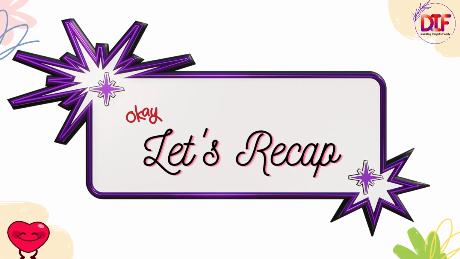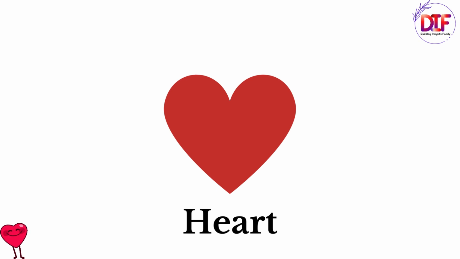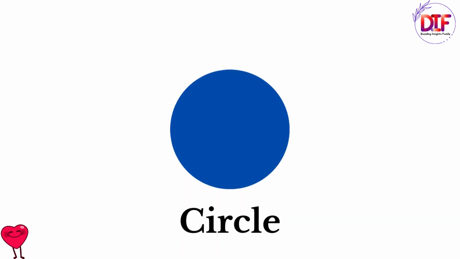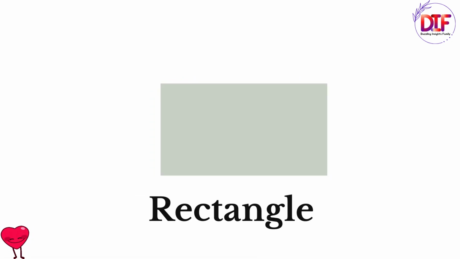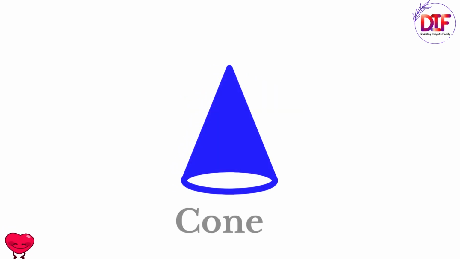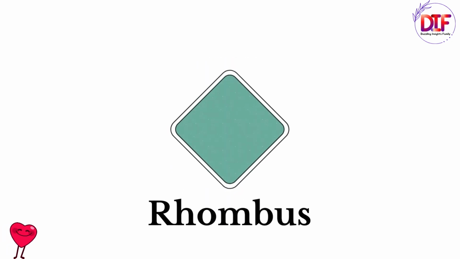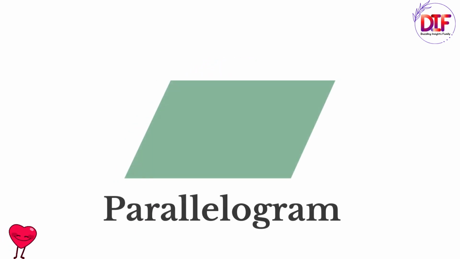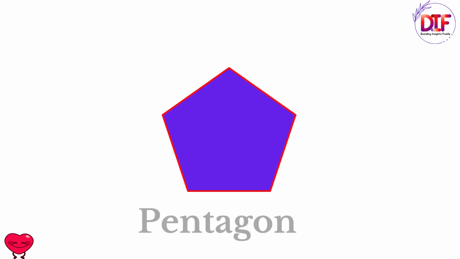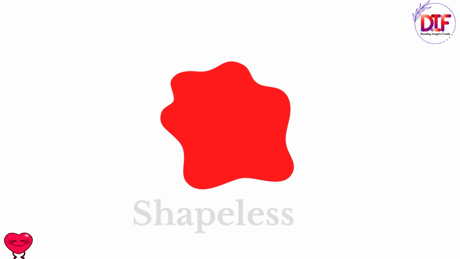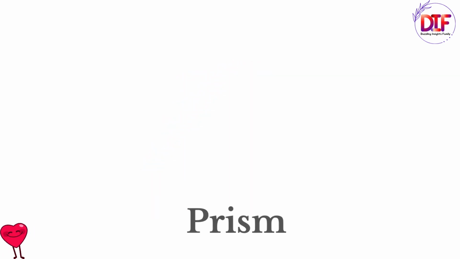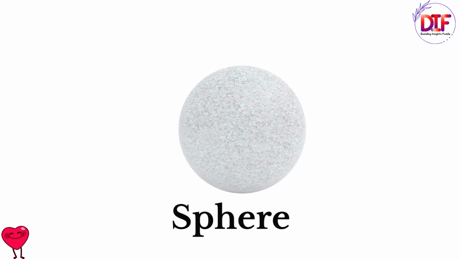Let's recap. The first one that we have is heart, and the next shape is circle, and the next one is cross, and after that we've got the square, rectangle, triangle, star, crescent, cube, cone, cylinder, rhombus, oval, parallelogram, trapezium, pentagon, hexagon, heptagon, octagon, nonagon, decagon, shapeless, prism, cuboid, sphere.